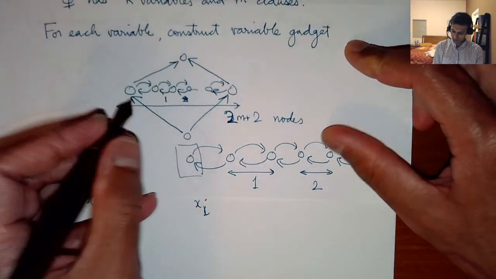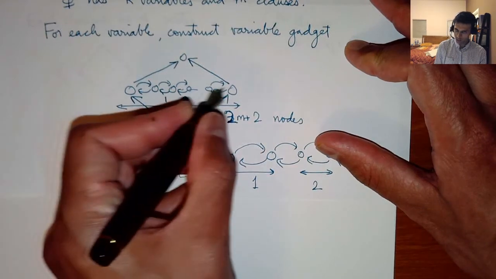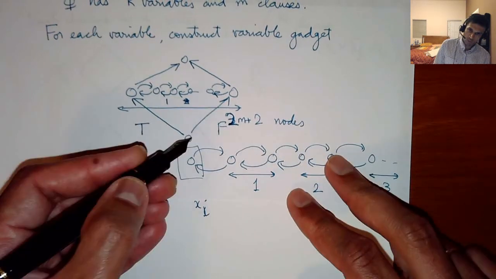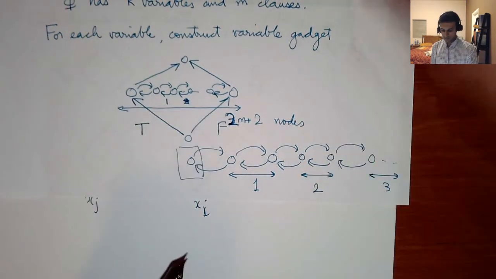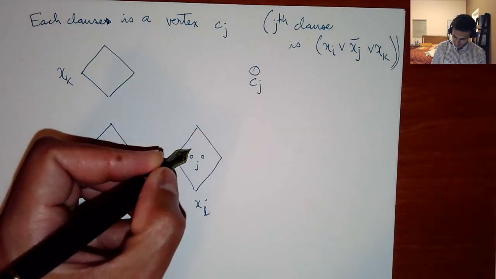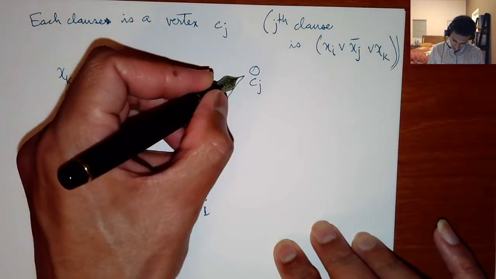So I'm going to think of this side being true and this side being false. Starting here and going towards the left is true, and going towards the right is false. So because xi being true makes the clause true, I'm going to put these two edges.